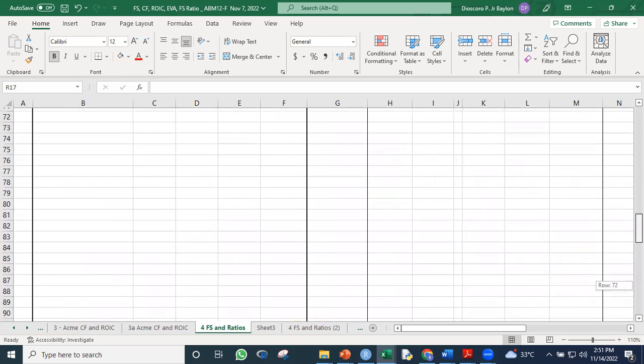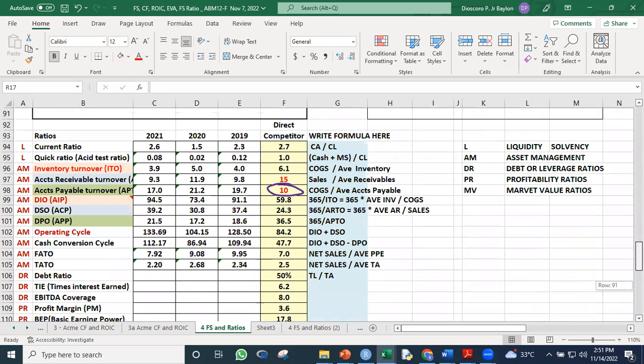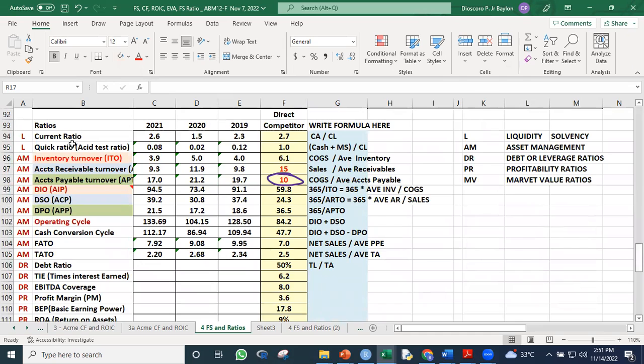Okay, so let's continue. We said that, again, ratios are there to guide us in understanding the performance of the firm, and also to provide us insights on how, for example, if we're part of the company and we're under finance, we can help more in managing the assets of the organization.